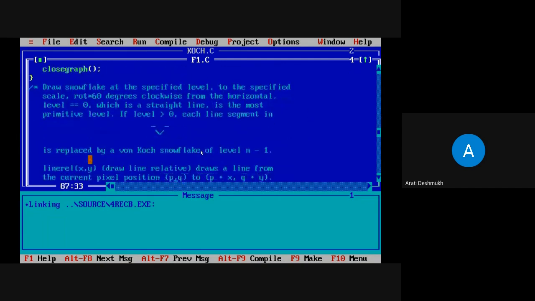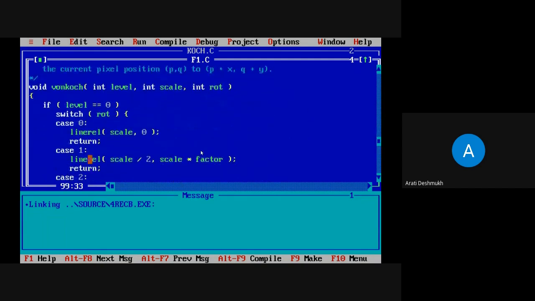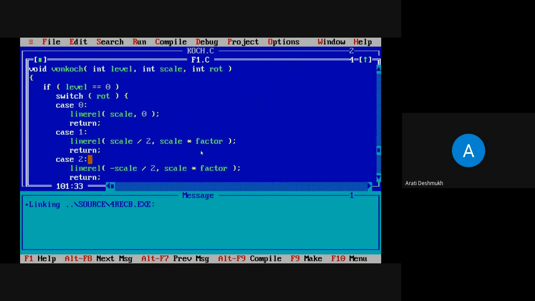The most important line is how we use it. If the level is 0, we can't do anything. We use a switch to enter the level. If that level is 1, then we divide it, so we are using the line rel function.